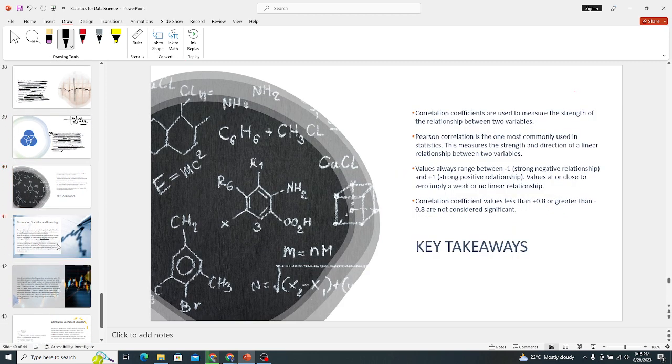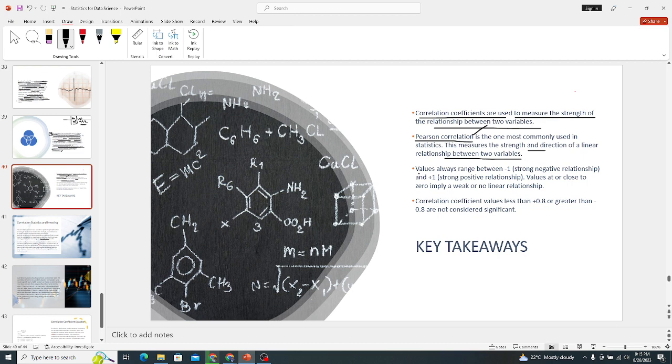All right, let's go to some takeaways on the correlation coefficient. It is used to measure the strength of the relationship between two variables. Pearson correlation is the most commonly used in statistics, and it measures the strength and the direction of the linear relationship.